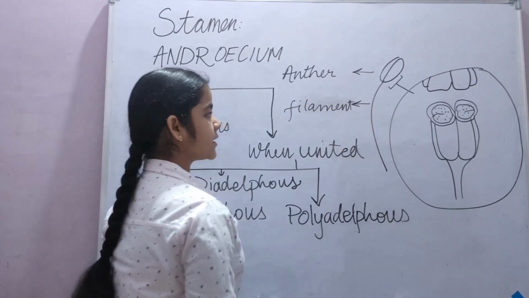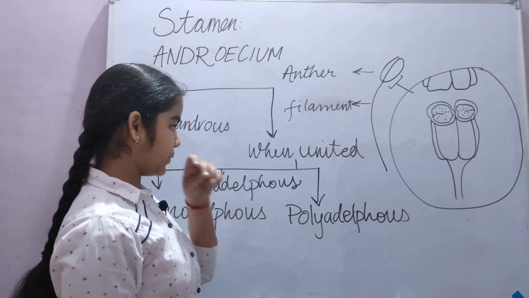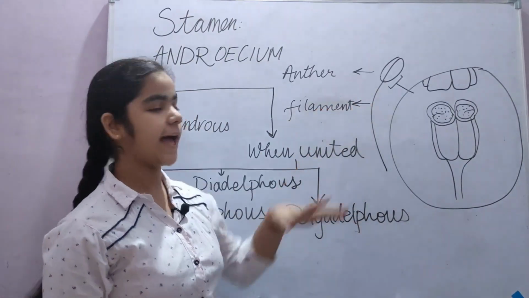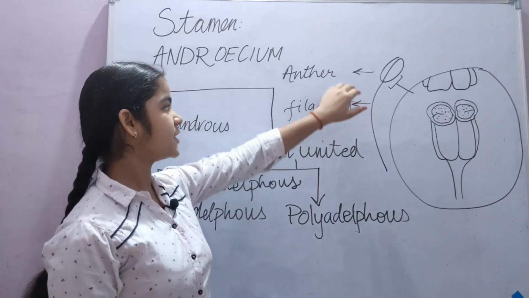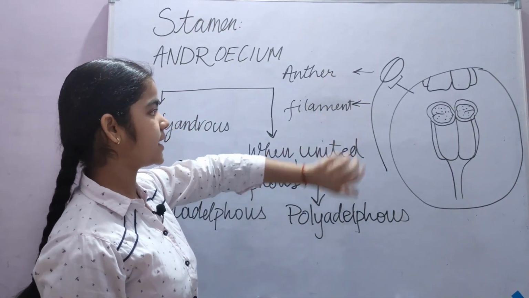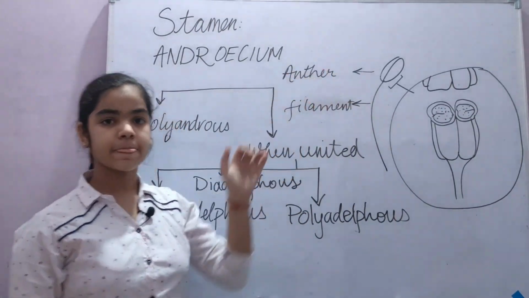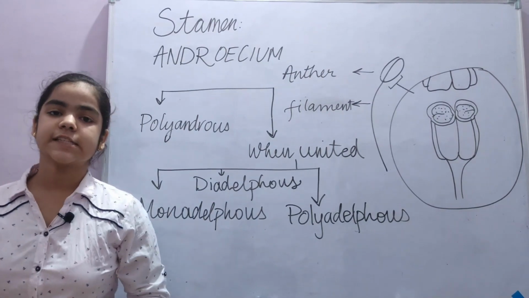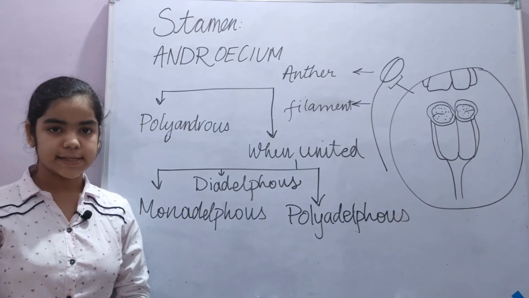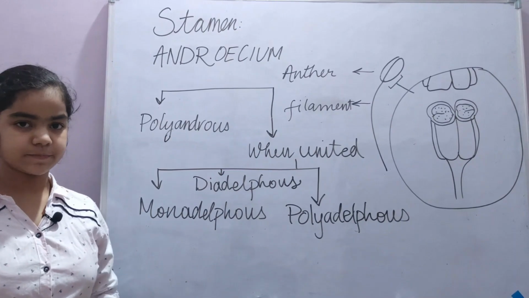The filament is the structure which keeps the position of anther. Just remember, anther is on top and filament at the bottom, like this. Now it produces pollen grains in the pollen sacs of anther.